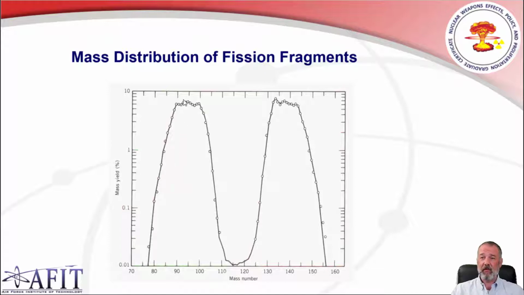This one is between 90 and 95 A, or the mass number, and this lobe right here is right around 140, between 135 and 140. So on average, the mass distribution of our two fission fragments is going to wind up somewhere between there. We're going to have one of the small ones around 90, 95, and we're also going to get one between about 135 and 140, as long as they add up, plus the neutrons that are produced in the particular reaction, to the total number of nucleons that we started with.